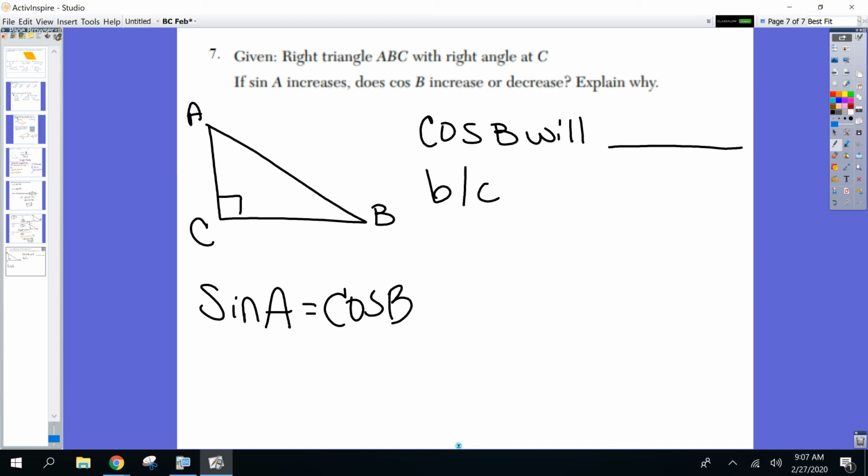So as this value, not the angle, I think some of you guys were focused on the angle, as this value goes up, they have to be equal to each other, guys. They always have to be equal. So what's got to be happening to cosine B? It also has to do the same thing to be equal. So cosine B will increase, because sine of A is always equal to cosine of B.